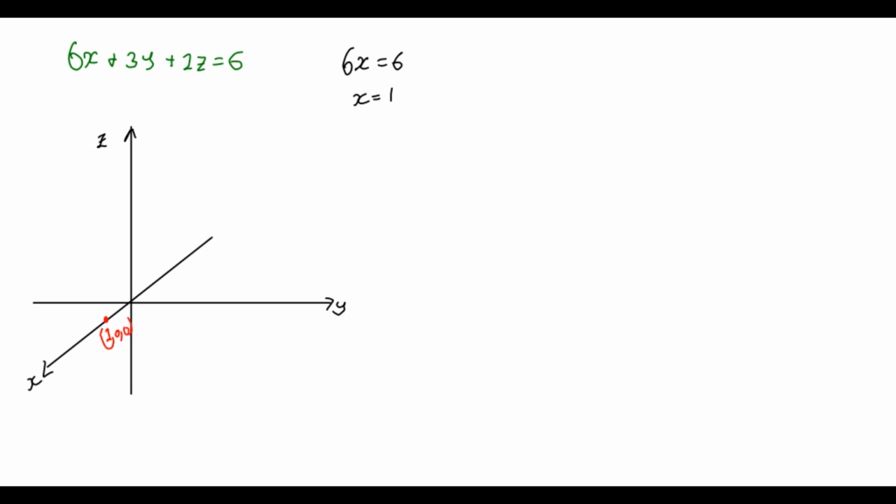Let's look at the point on the y-axis, meaning x and z equal 0. Then 3y equals 6, meaning y equals 2, so we have a point right here, (0, 2, 0). Then the point on the z-axis, meaning x and y equal 0: 2z equals 6, meaning z equals 3.